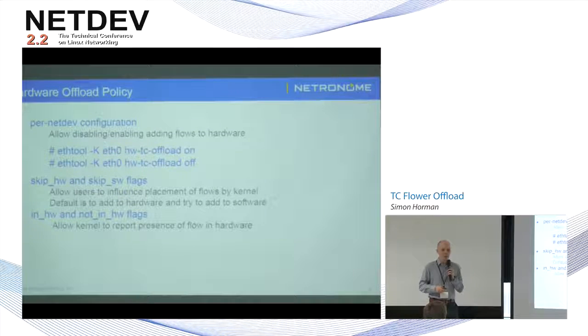This is not the model that's supported. The model that's supported allows the user to control things, and generally speaking, to opt in. The first level of configuration we have is a global on-off switch on a per device, per netdev basis, of whether or not you want to allow TC offload. That would be for all the different classifiers. So you can turn it on and off as per the example there.